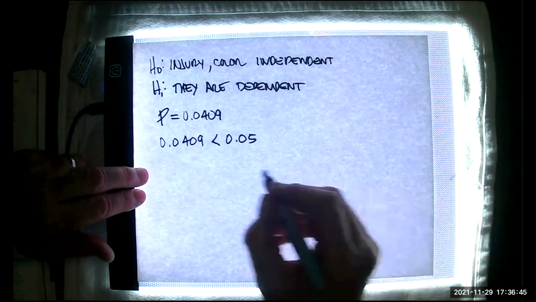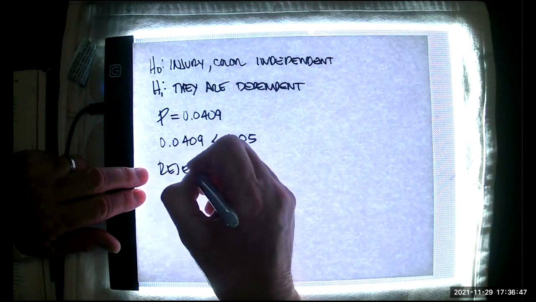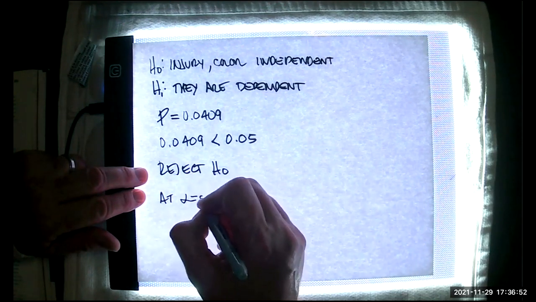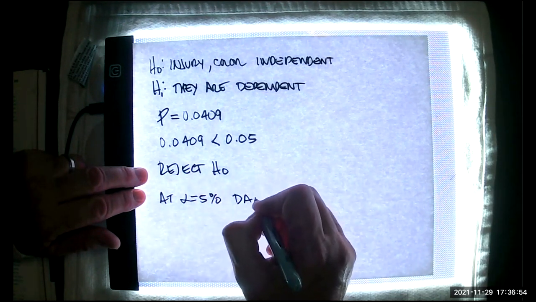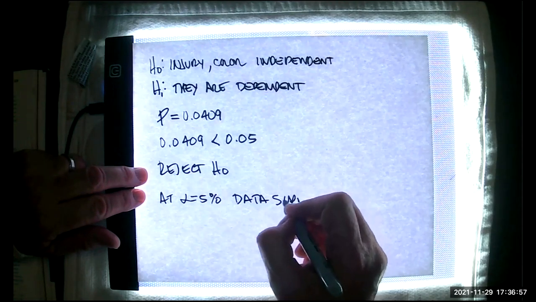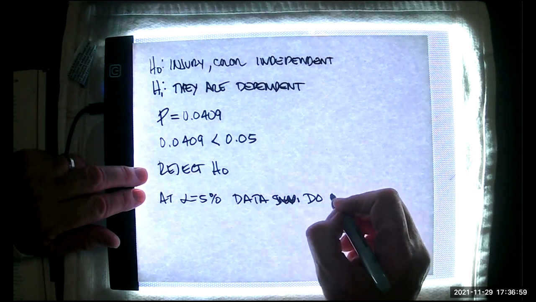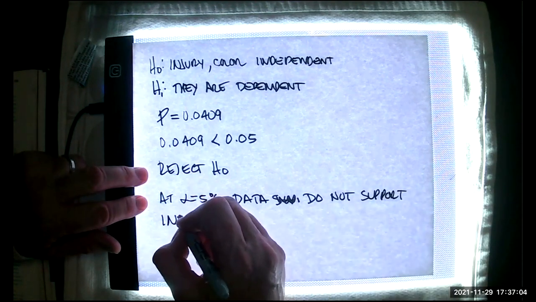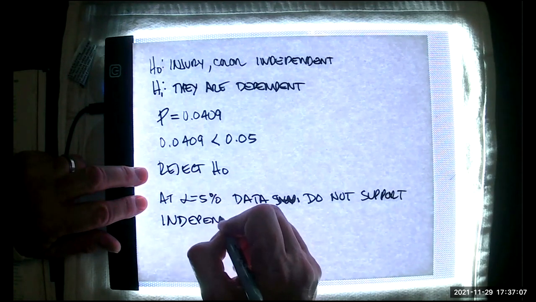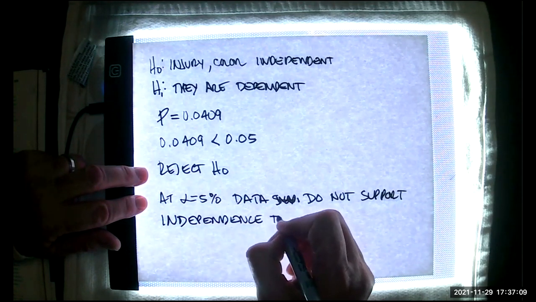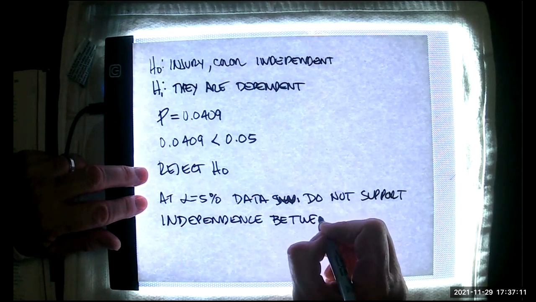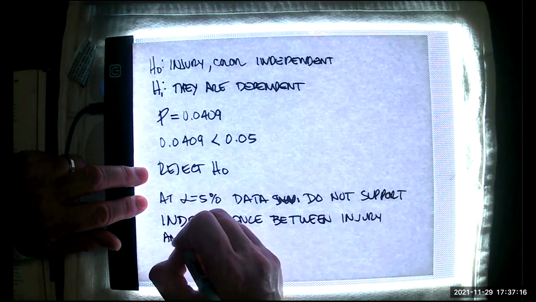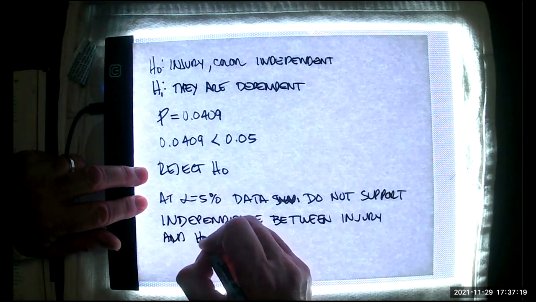My p-value is less than my alpha, so I will reject H naught, and I can say at alpha equals 5%, data do not support independence between injury and helmet color.